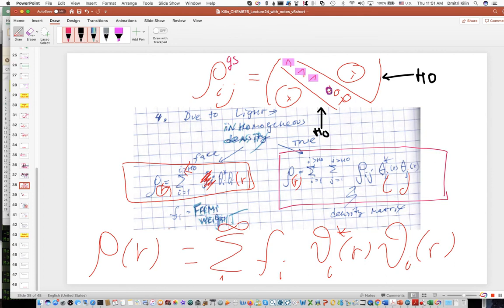So by now, it may look crazy, like too many notations, too many symbols for a simple thing, for the ground state. But if we set up a target to describe excited state, then we need both opportunities, both directions of modification. One, we need the ability to promote electron from occupied to unoccupied orbital.